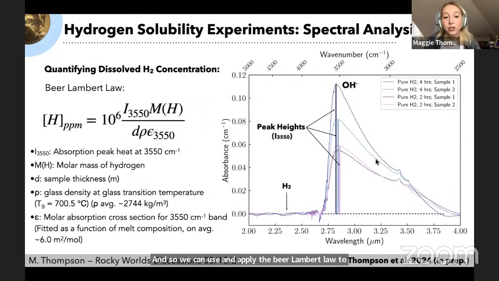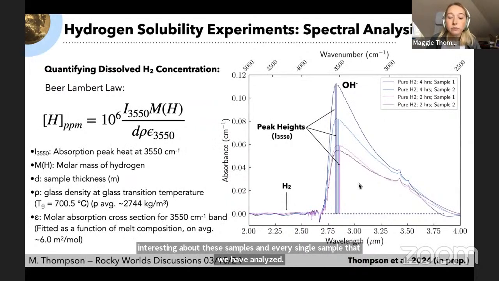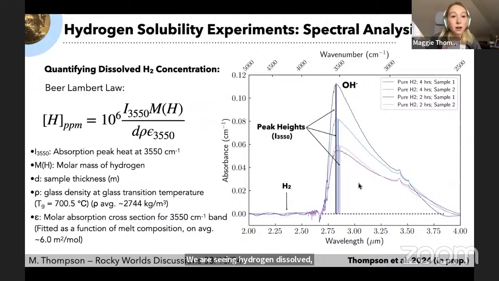This is now just zooming in onto that little peak that I just showed earlier. We measure the heights of these peaks, and then we can relate this to, in parts per million, how much hydrogen has dissolved. What's interesting about these samples is that in every single sample that we have analyzed, we are seeing hydrogen dissolve exclusively as OH. So it is bonding with oxygen, either in the gas phase or oxygen that's already in the silicate melt itself.